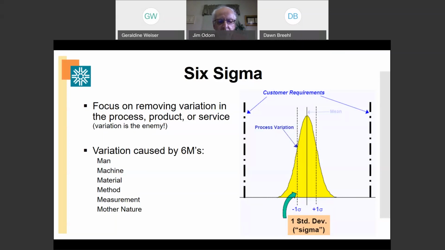And then, of course, Mother Nature affects processes quite a bit. And Mother Nature can be not only the weather, but could also be the environment within the facility that is producing the products or services. So variation caused by the 6 M's: man, machine, material, method, Mother Nature, and measurement.